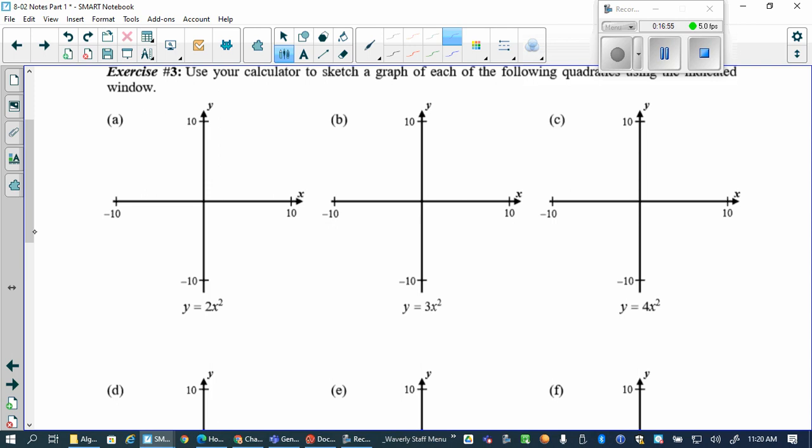So we're going to have 2x squared, 3x squared, 4x squared, all in the same graphing window. Don't delete one when you put the other one in, and then we'll see what's going on here. And by the way, the first 3 are going to be concave which way? Up. Good. No, the f(x) or your y in there, yep.